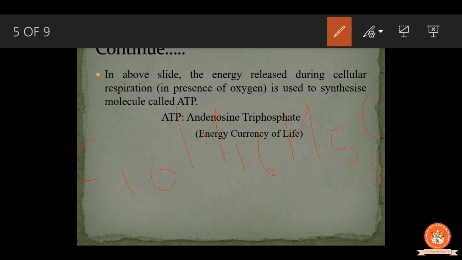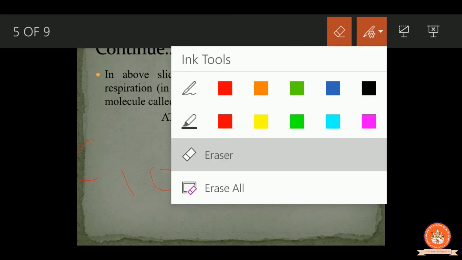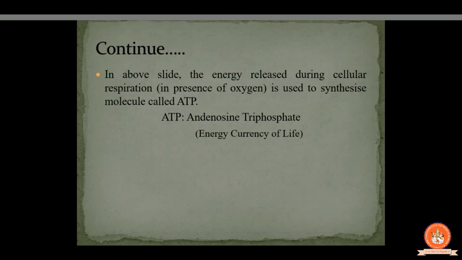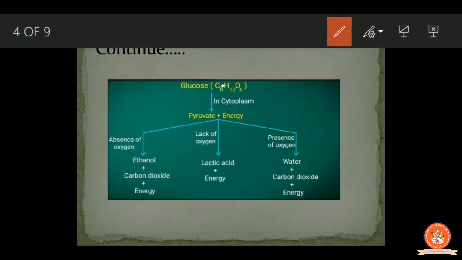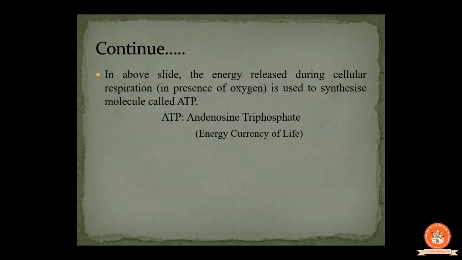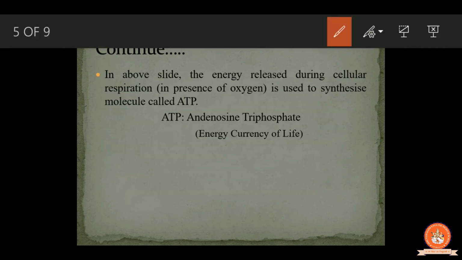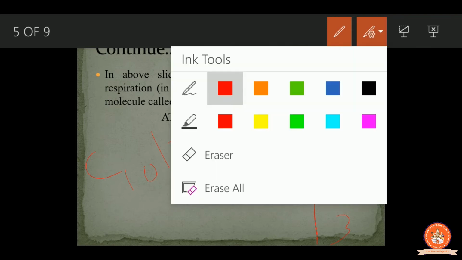C10H16N5O13P3. Okay, so because of the presence of three molecules of phosphate, it is known as adenosine triphosphate.